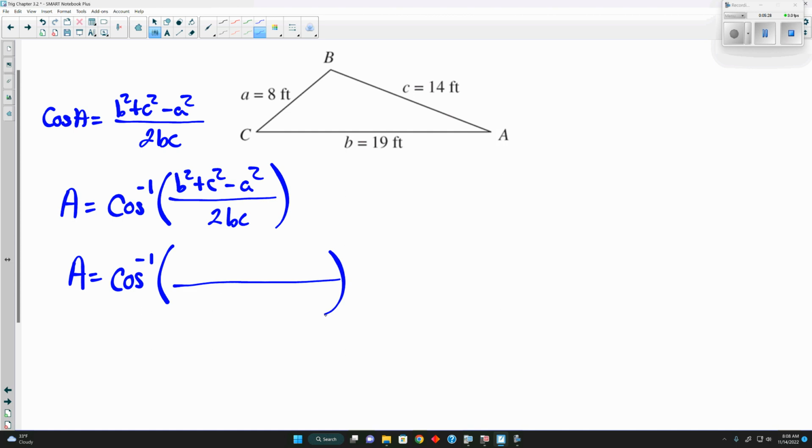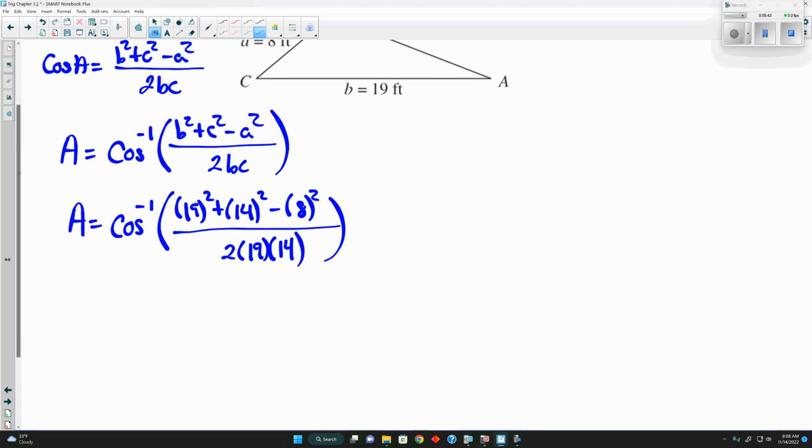Well, b in our case is 19, so we have 19 squared plus c is 14 squared minus 8 squared over 2 times 19 times 14. Plug it in.